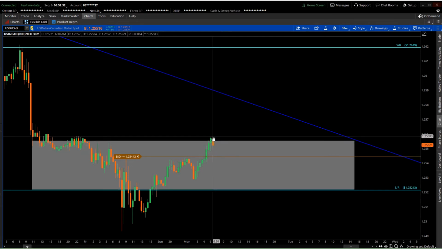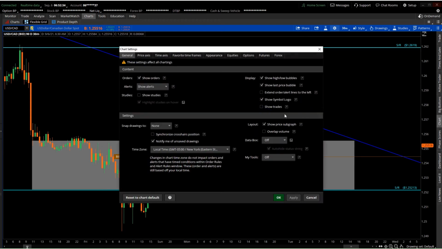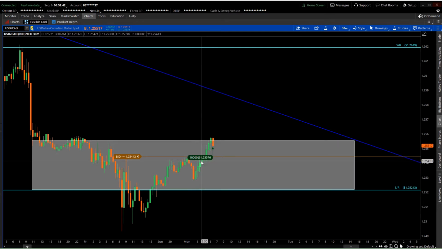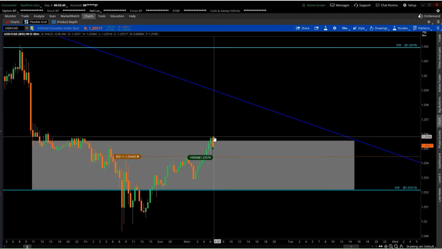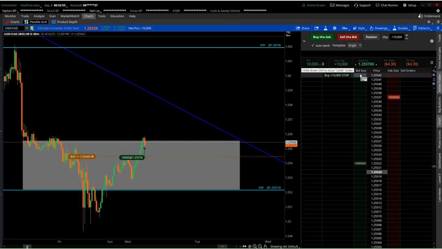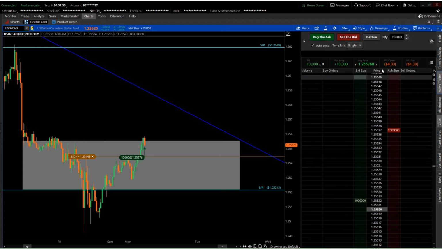And if my entry was, actually, if I show trades, my entry, I picked up one mini lot at 1.25576, so that's going to be pretty close to the top of this wick. And if I click on active trader, I'm down $4.30. Here's my entry price. I picked up one mini lot.